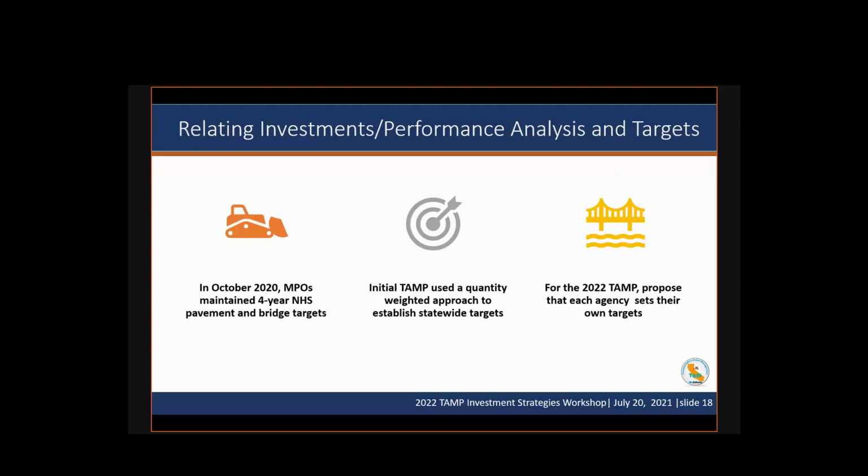But we will go through the same process in the development of this TAMP. We want you to pick targets that are feasible for you to achieve, and ones hopefully that kind of push your agency a little bit, and then we'll just use a quantity weighted approach and roll those all up for the statewide TAMP.